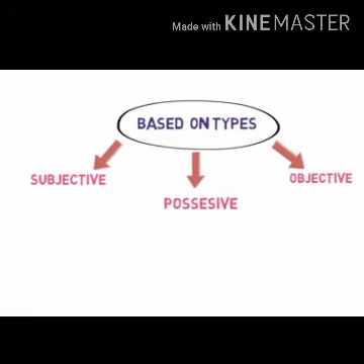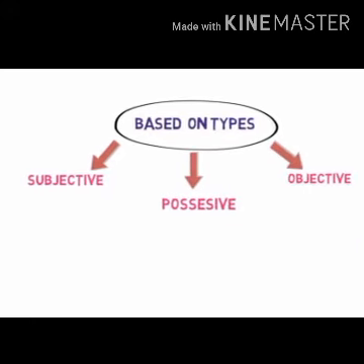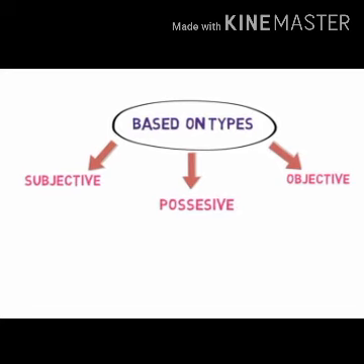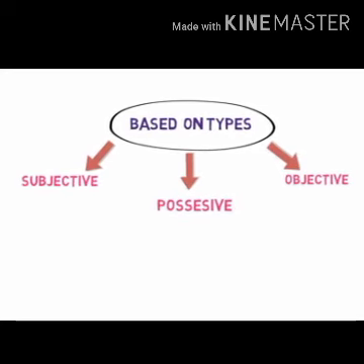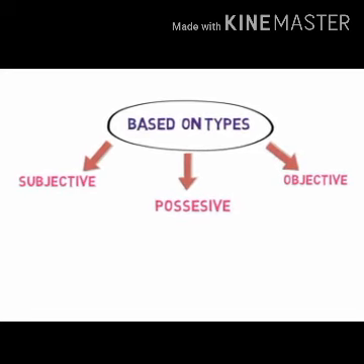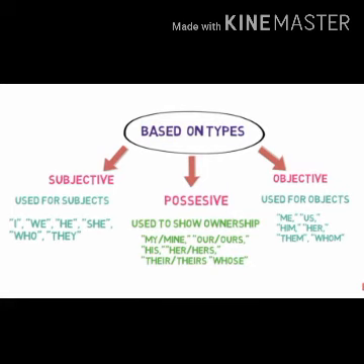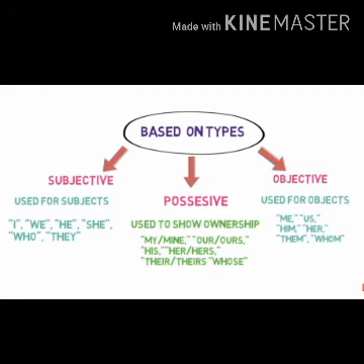Personal pronouns are further divided into 3 types: subjective, possessive, and objective. Subjective is used for the subject in a sentence. Words like I, we, he, she, who, they are subjective pronouns.